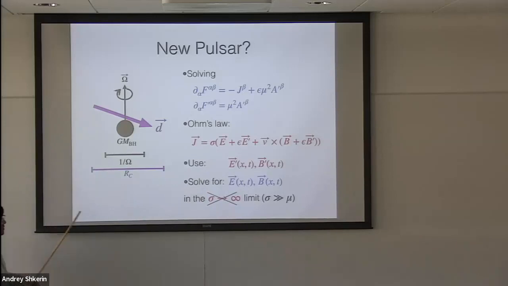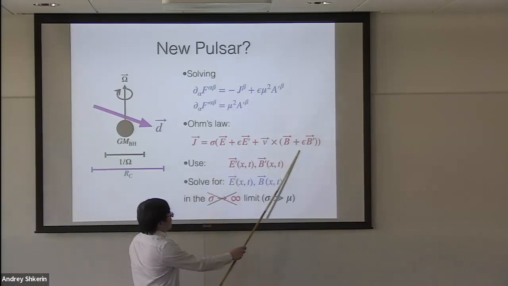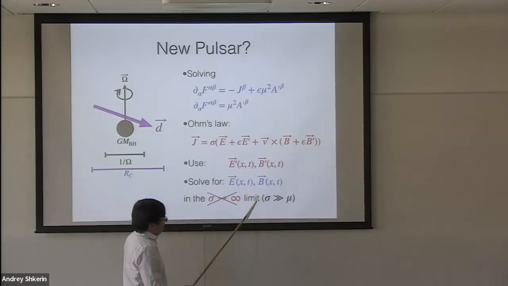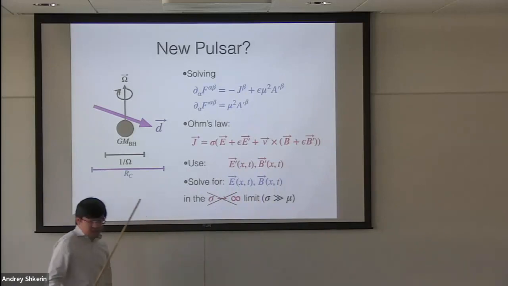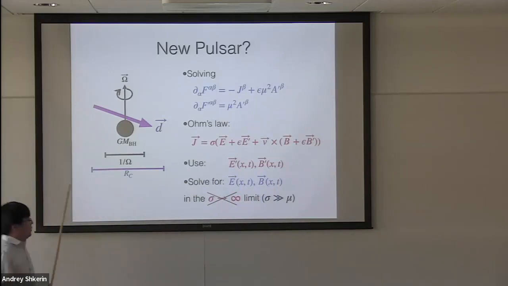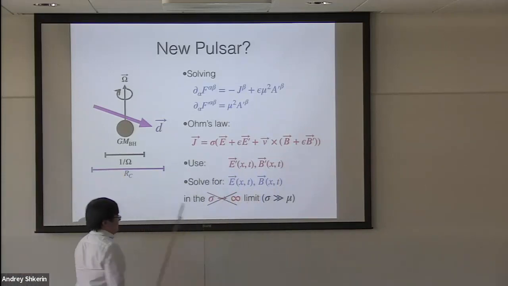As a result, instead of doing it in the sigma to infinity limit, where we force the force always to be zero, we are actually doing the simulation with finite sigma, making sigma bigger and bigger until at some point we reach some sort of static solution or semi-equilibrium solution where we can extract the luminosity forms. And I'm going to show you more details.